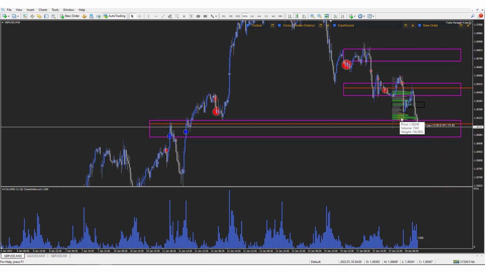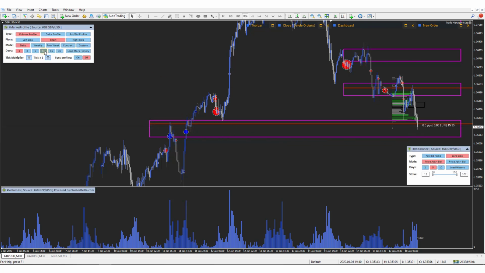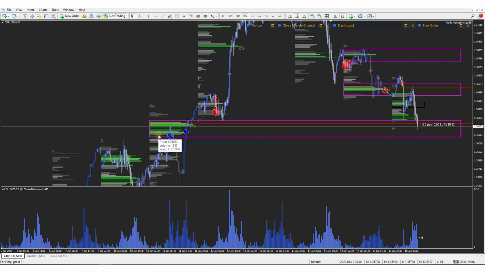So now the high volume level price area was rejected, but I would not look how to join the sellers, because here in the past was a very strong high volume. Let's look at these level by level. Yes, it looks like it's stronger than this one here.